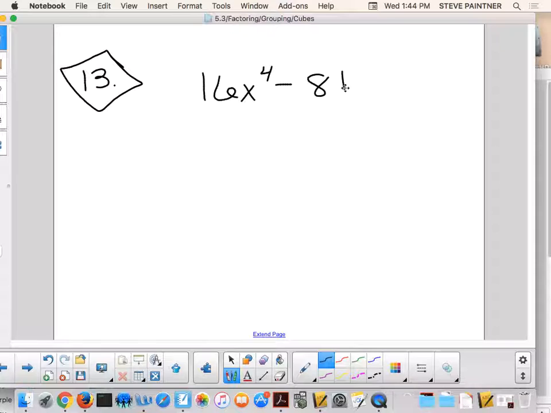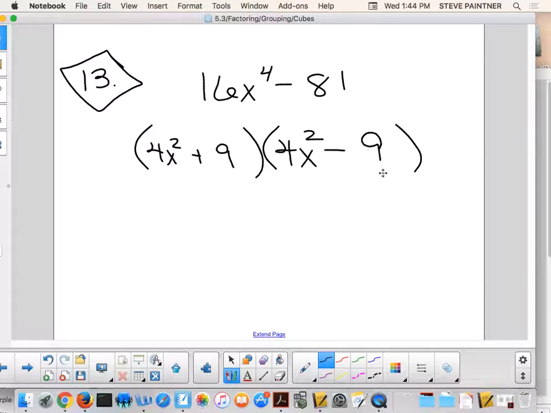Is it? 9 is 3 times 3. 4x squared times 4x squared is 16x to the fourth. So it is. We're going to write 4x squared plus 9 times 4x squared minus 9. Good.